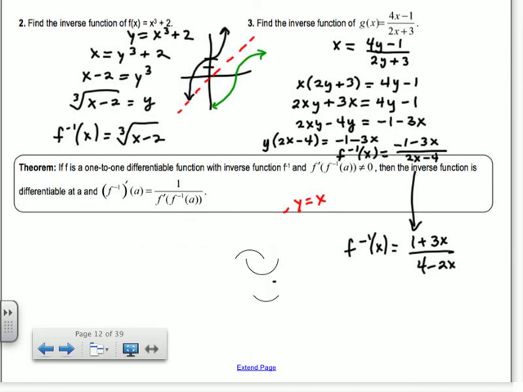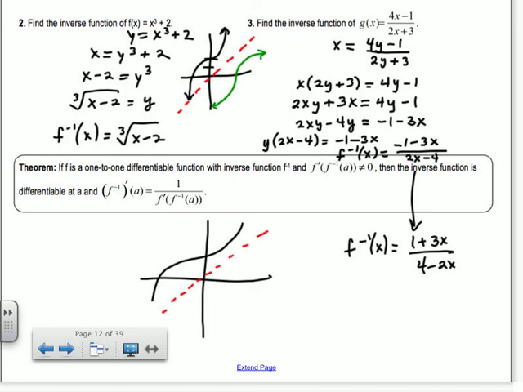Let me try it again. You guys don't have to erase, it's okay. Okay, so let me see where that would be the same. So let's say right here and right here. So let's look at those two.